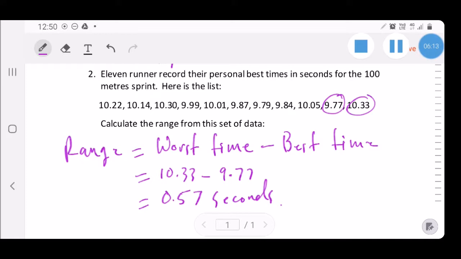But if the range was, say, I don't know, 5 seconds, then we'd be able to make the conclusion that the difference between the fastest athlete and the slowest athlete was large, okay? And from that, we could probably start to make all sorts of other assumptions. Maybe some of the athletes were juniors and that sort of thing, okay?